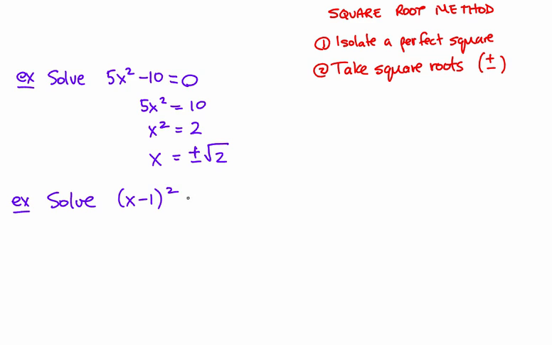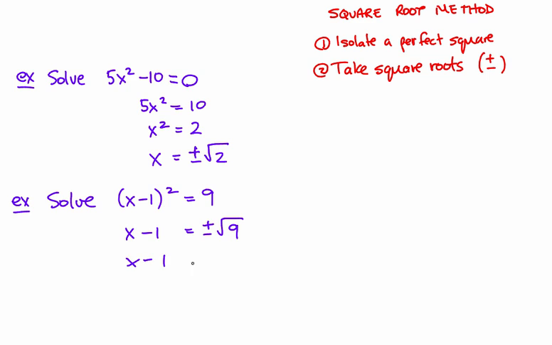In fact, the perfect squares can be even a little bit more complicated, like x minus 1 squared is a perfect square, and so if that equals 9, one thing that you can do with this is simply take the square root. The square root of x minus 1 squared is x minus 1, and on the other side we'll be taking plus or minus the square root of 9.